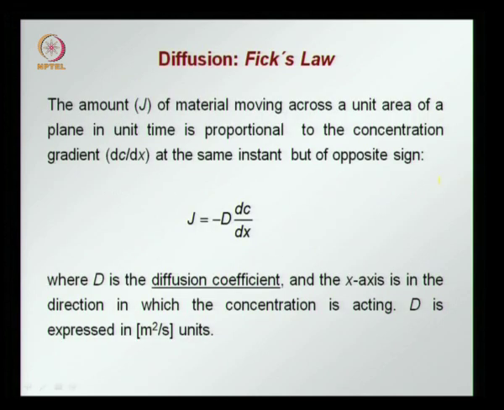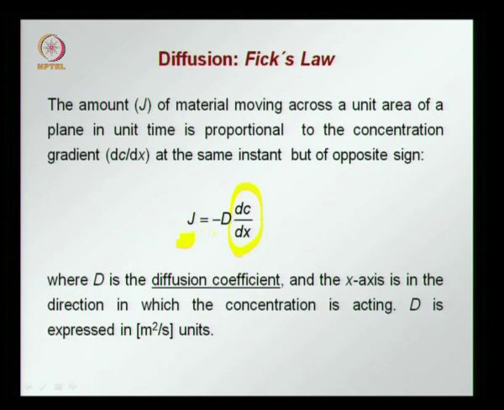This is represented by Fick's law, where J is the amount of material moving across a unit area of the plane in unit time. This is proportional to the concentration gradient given by dC by dx. The proportionality constant is D, and there is a negative sign.